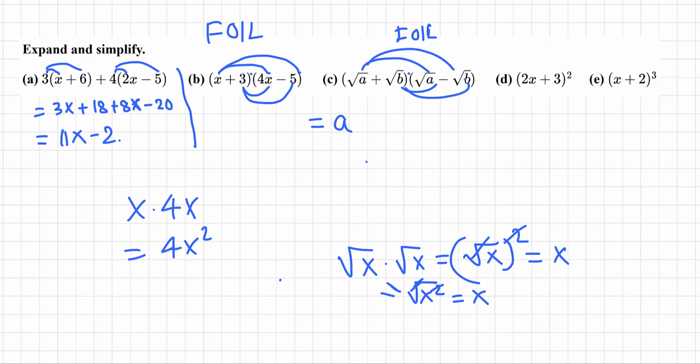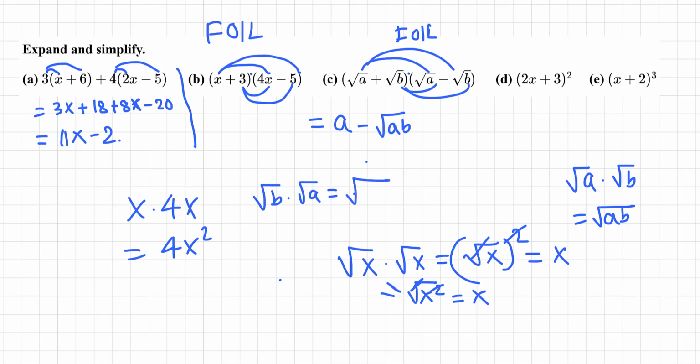Outer, root a times root b, there is a negative sign, so it's minus root a times root b. They are different, so we can write a common root and then a times b, ab. So that's negative root ab. Now inner, root b times root a. So we get root b times root a, single root, b times a, ba.